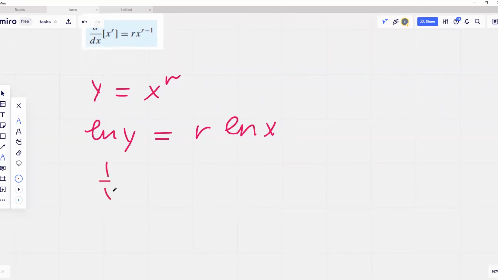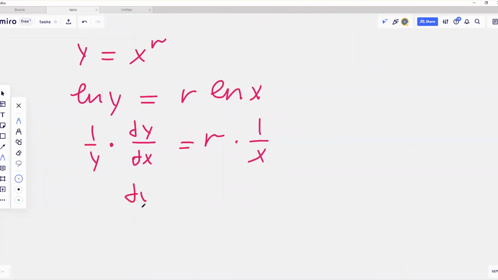Taking the derivative by dx from both sides, we'll have 1 over y dy over dx equal to r multiplied by 1 over x. So dy over dx is equal to r over x multiplied by y, and instead of y, we are going to use x to the power of r, which is then r multiplied by x to the power of r minus 1.